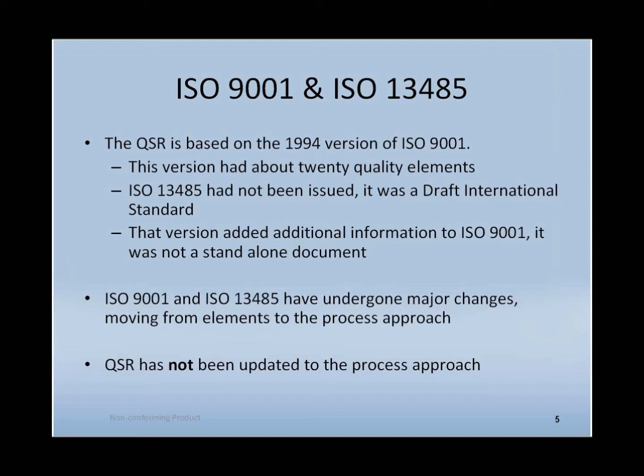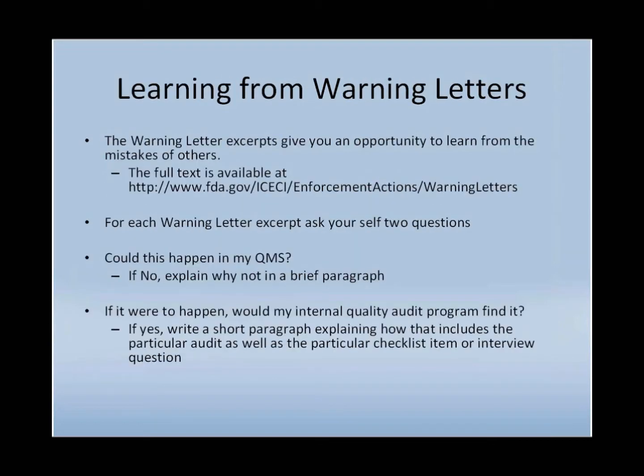What's important to realize is that ISO 9001 and 13485 have undergone major changes, moving from the element approach to the process approach. The most recent change, of course, is that there's a new version of ISO 9001 that came out this week, and a new version of ISO 13485 is in the works.